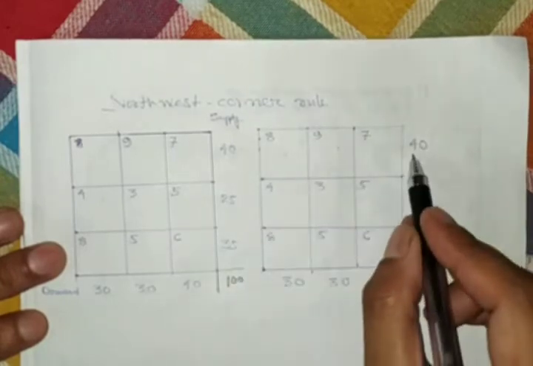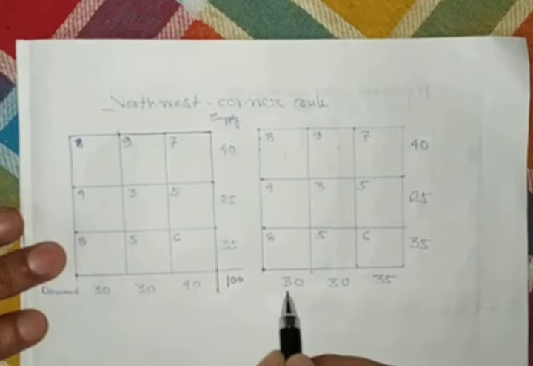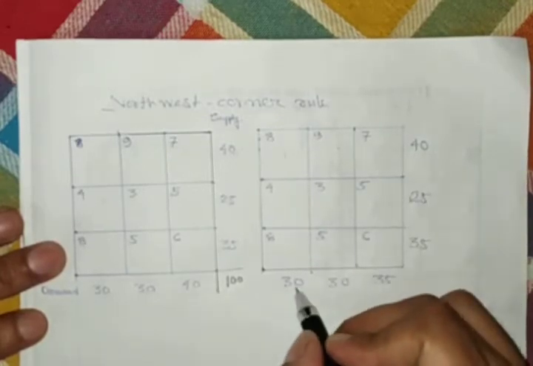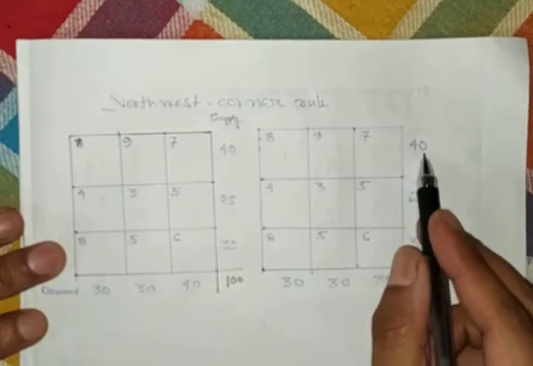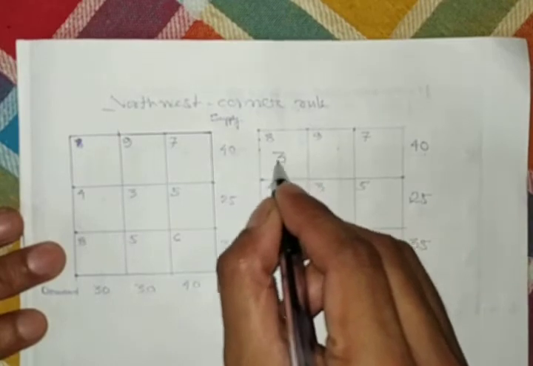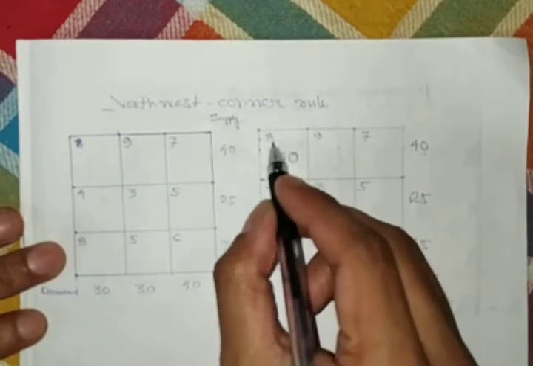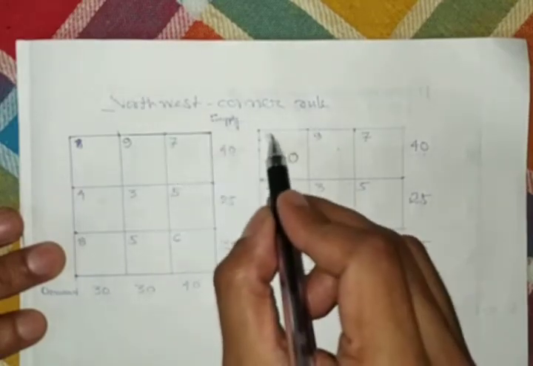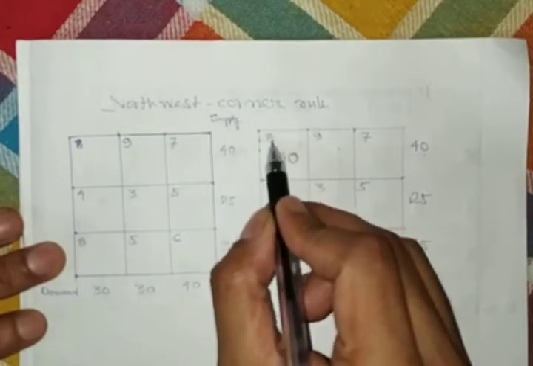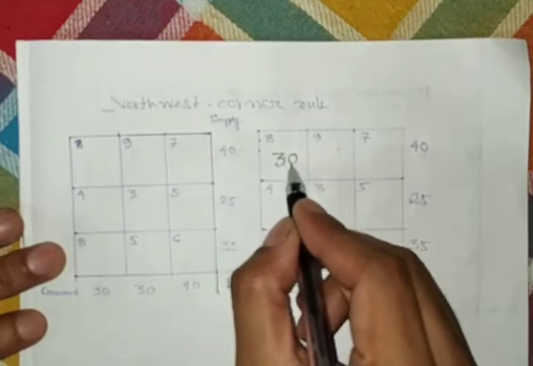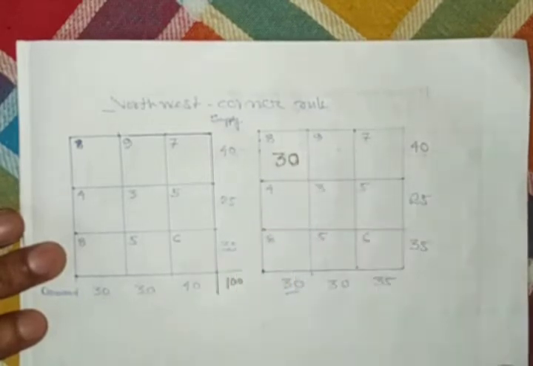Supply is 40, demand is 30, so you have to take the minimum of 40 and 30. So I put 30 in the northwest corner, that is 8, where 8 is the unit cost.